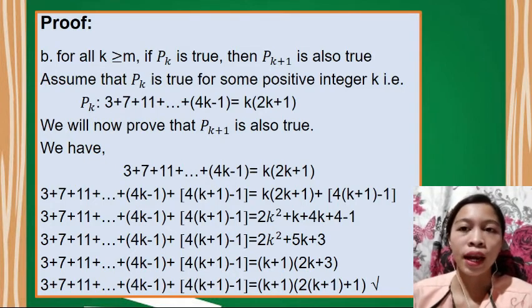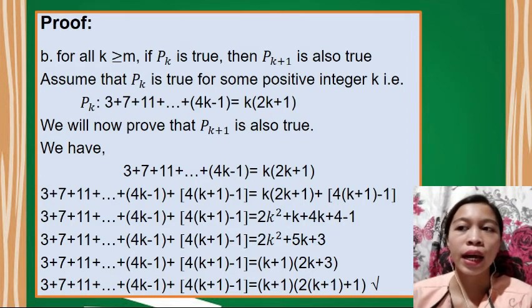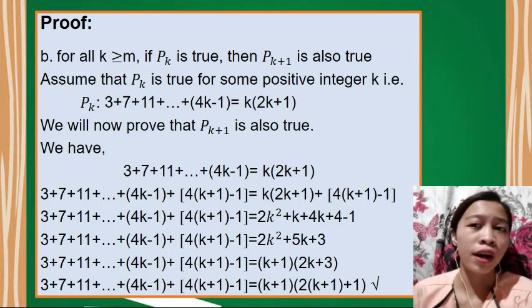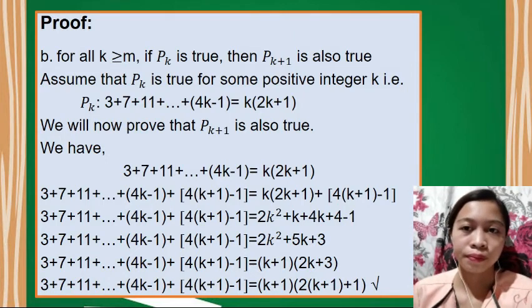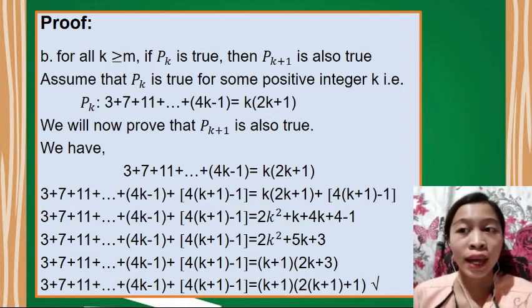For example, P(k) is 3 plus 7 plus 11 plus dot dot dot plus 4k minus 1 equals k times 2k plus 1. We actually replace all variable n with variable k. So we will now prove that P(k plus 1) is also true.